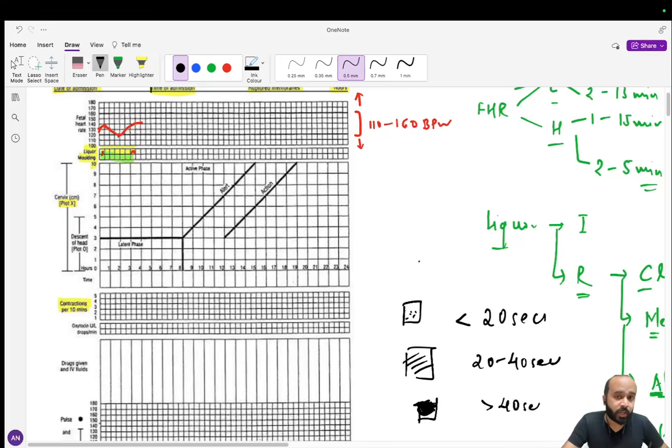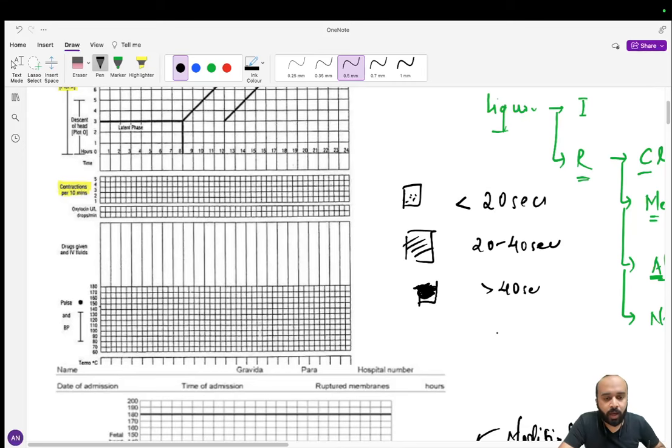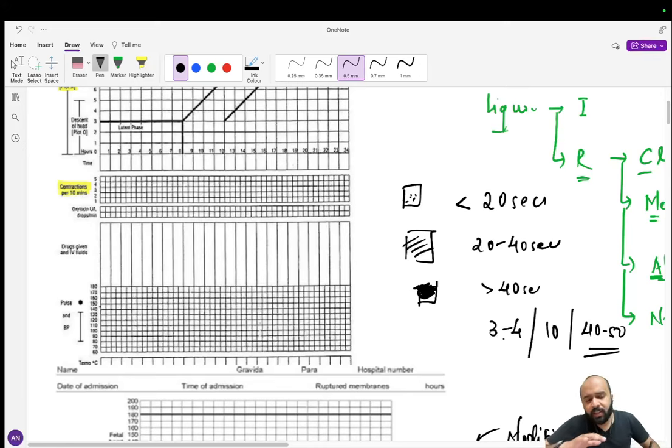The ideal or adequate contractions are 3 to 4 contractions in 10 minutes lasting for 40 to 50 seconds. These are adequate contractions. Anything less than 3 contractions is said to be hypotonia. Similarly, any contraction that lasts less than 20 seconds is again hypotonia.